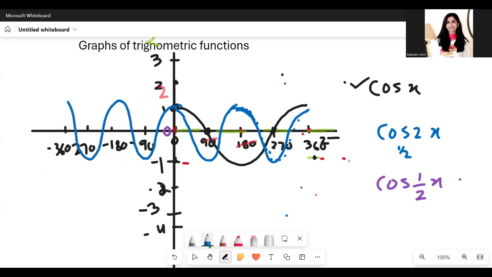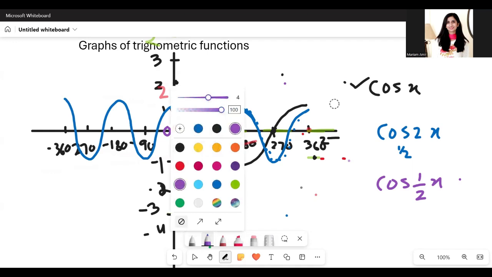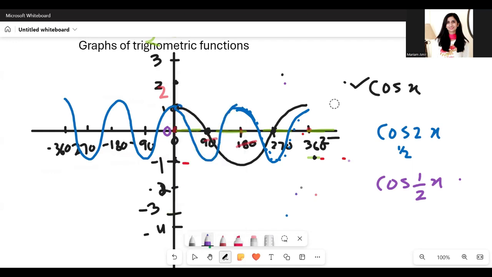Something like this. Okay. And what about the graph of cos half x? That's also a stretch parallel to the x-axis with scale factor 2.